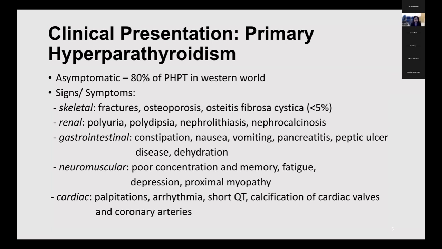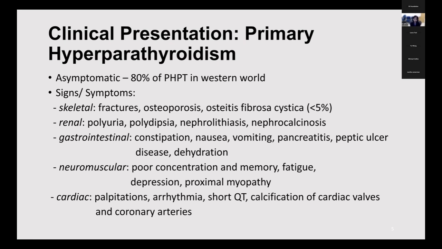However, these patients may have some of these manifestations. In terms of the skeleton, and we'll take a deeper dive into the skeletal manifestations, but briefly, these patients could have fractures, may have osteoporosis, and rarely, in less than 5% of the cases, we could find brown tumors or what we call osteitis fibrosa cystica.